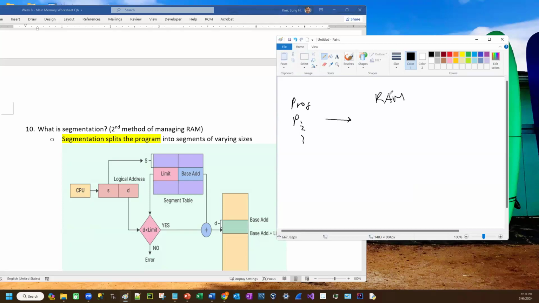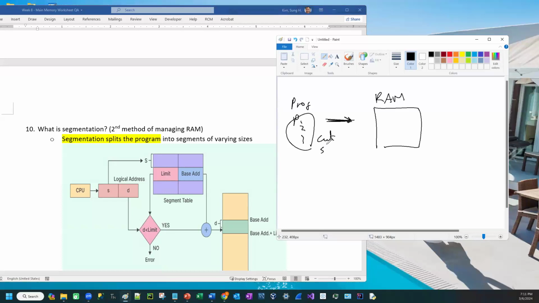As this is moving in, I'm going to slice it, cut it into varying sizes.